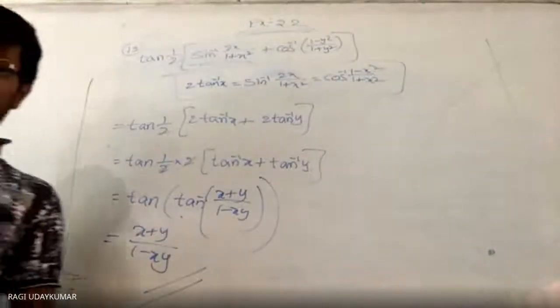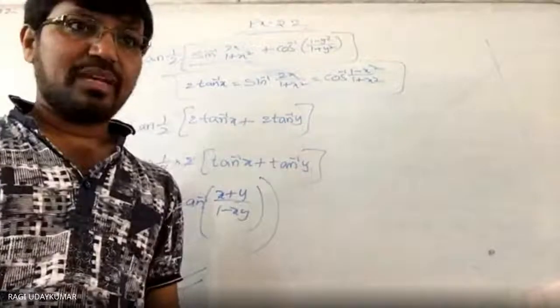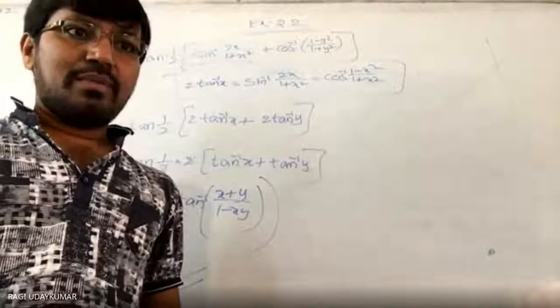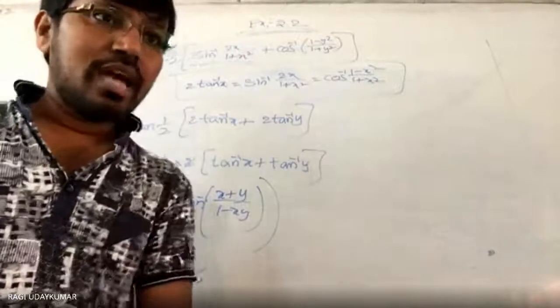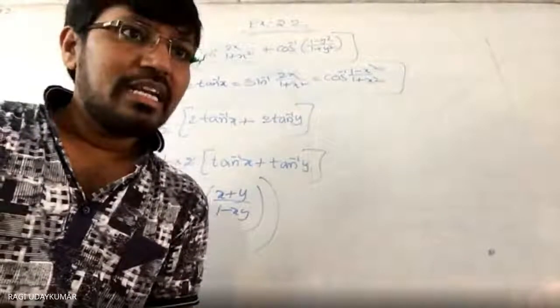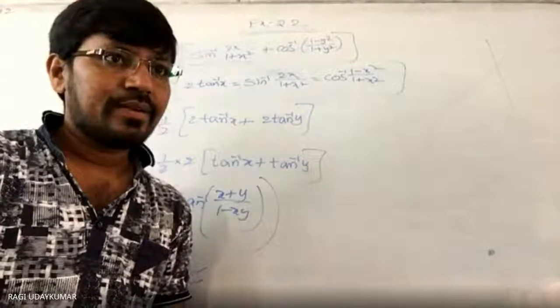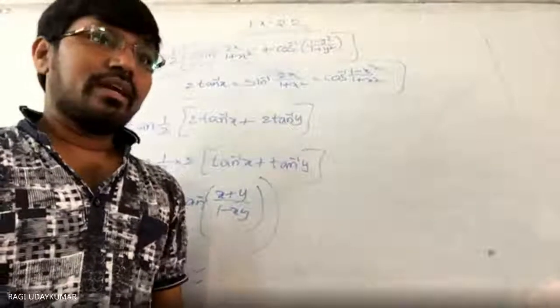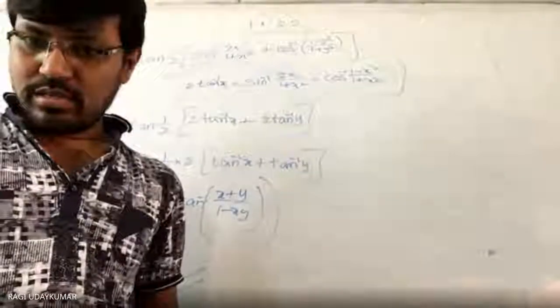Let us end with this problem because we have the next class at 10:45, and minimum 20 minutes should be given. Better we close the class 5 minutes before. How many problems are there in this exercise? 21 problems.